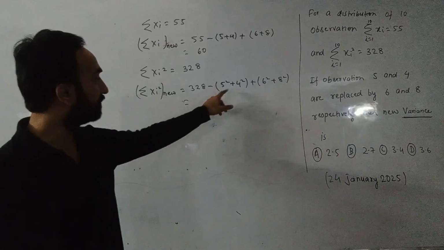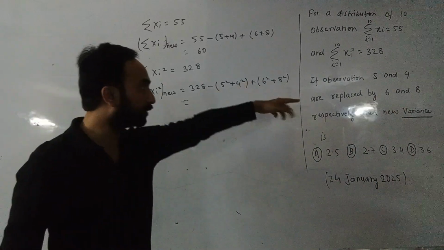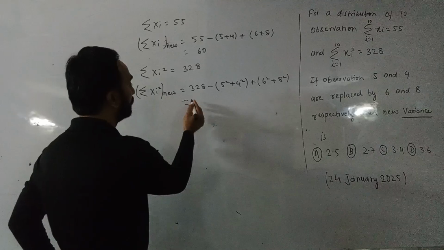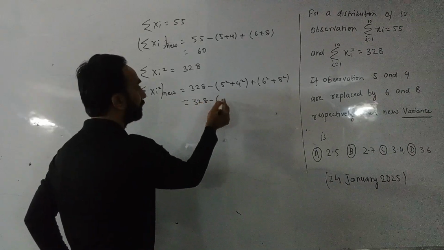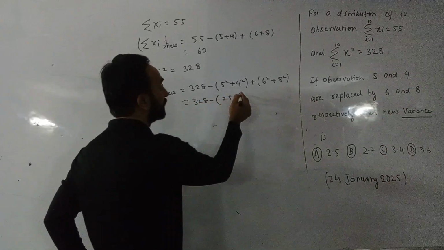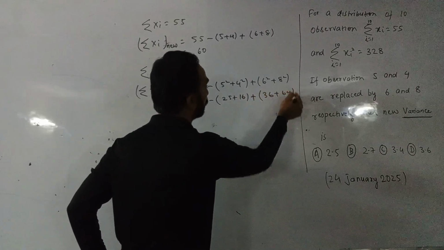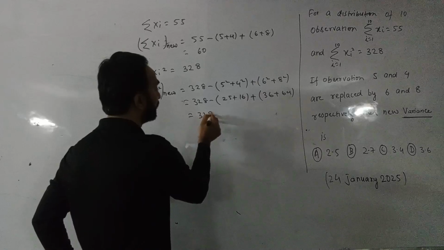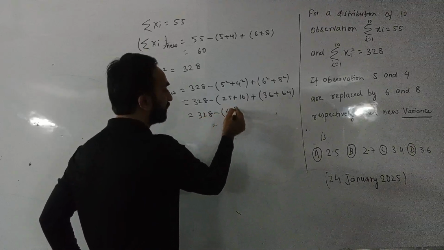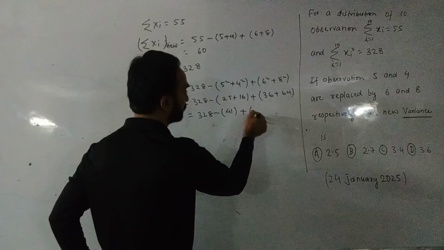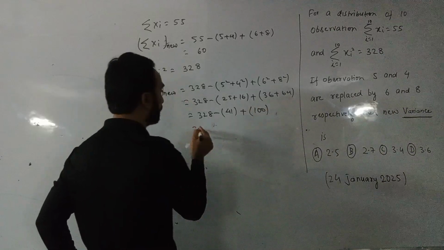Now previous two we are subtracting and the new ones we are adding. So this will become 328 minus, we know this is 25 plus 16, and this will become 36 plus 64. Now this could be written as 328 minus 41 and plus 36 plus 64 is simply 100, right?